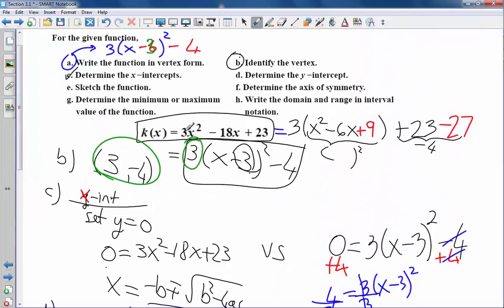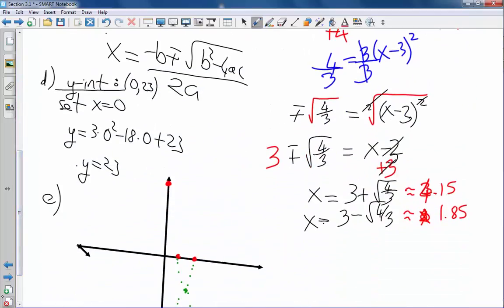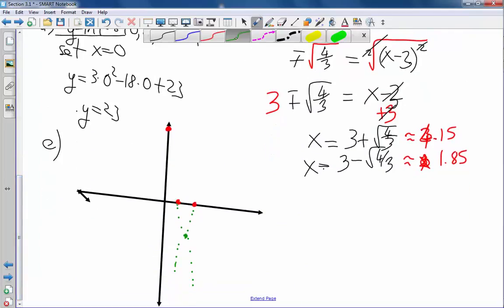What does this number say? The branches of the parabola open in the upward direction. So I will go with this option. It's going to go across this window.